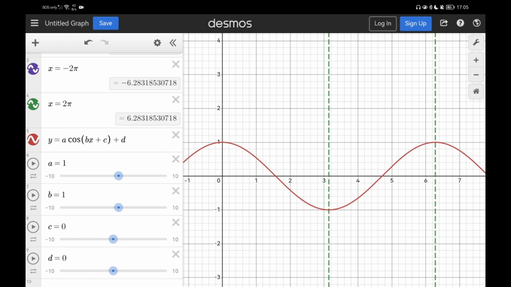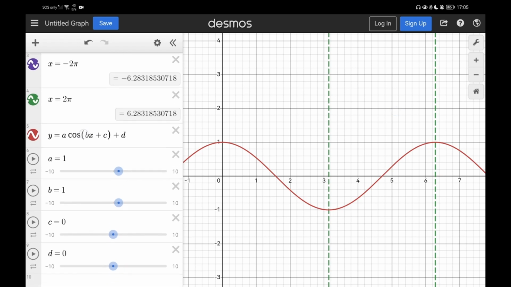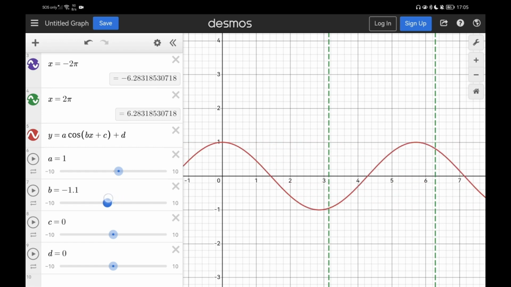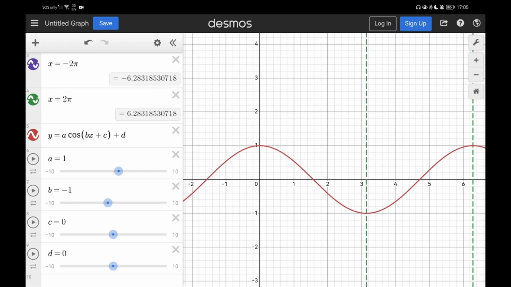So let's vary the b. Sorry, it's b. So let's change the b to -1. You can see that for b = -1, it remains the same as its ordinary graph.